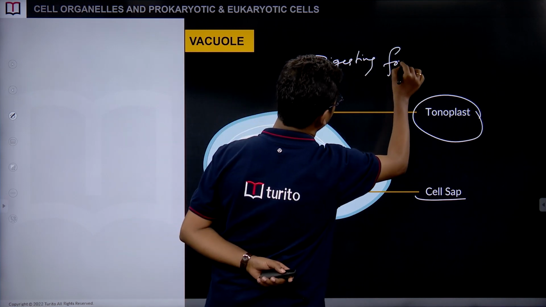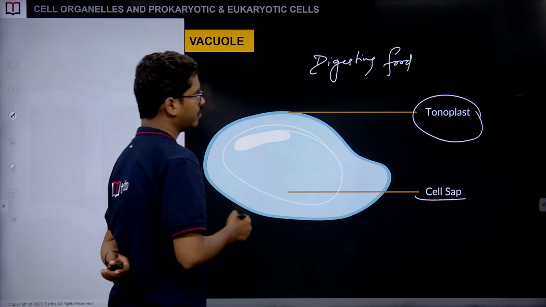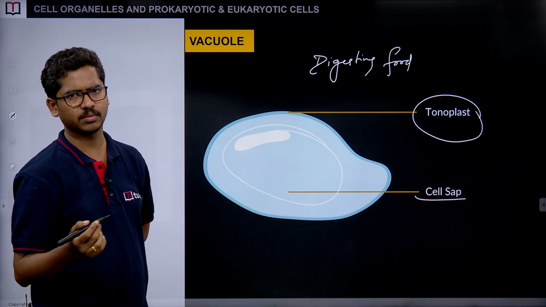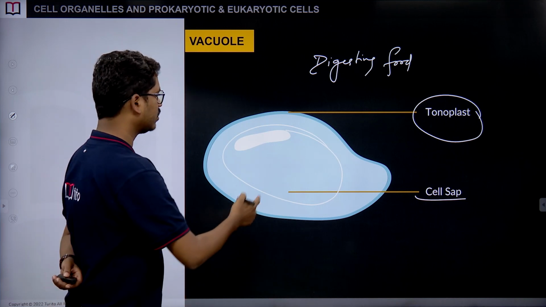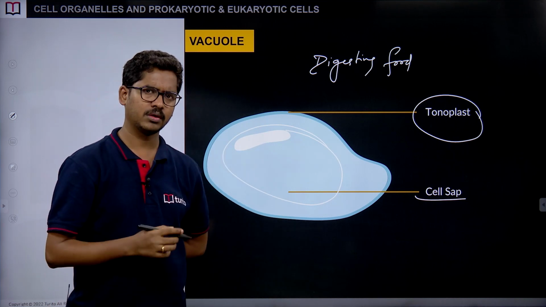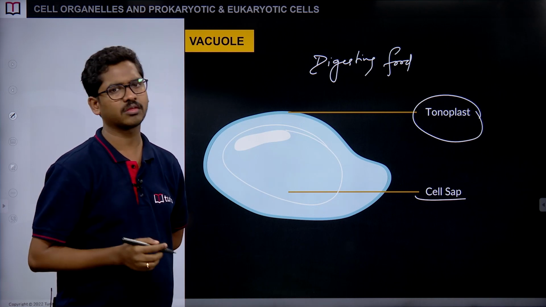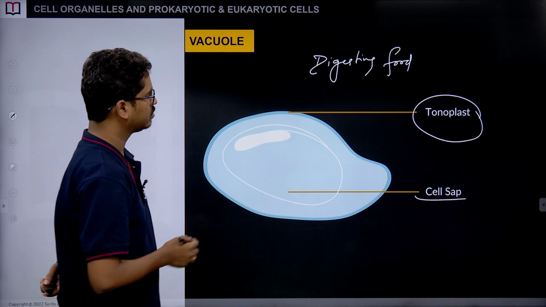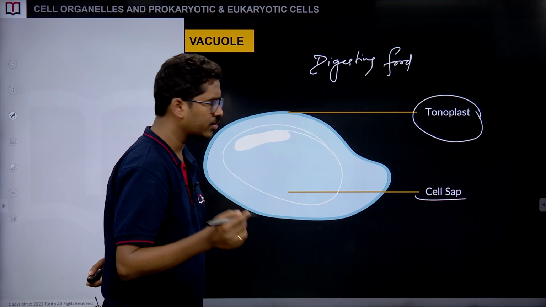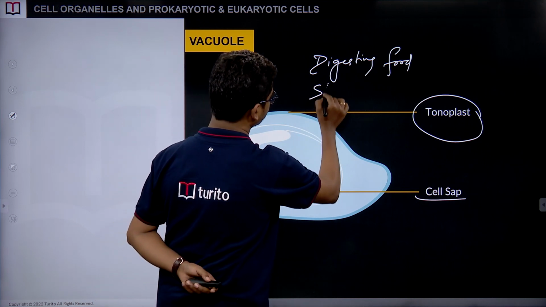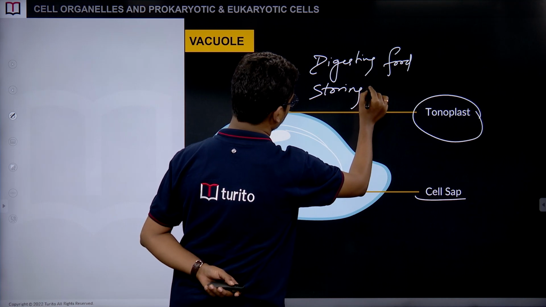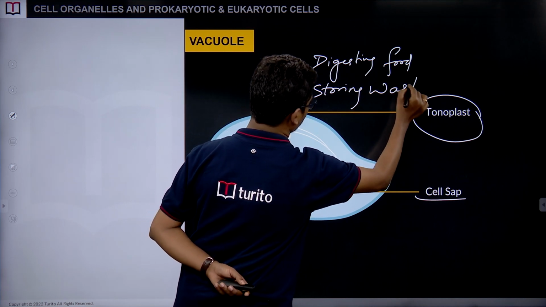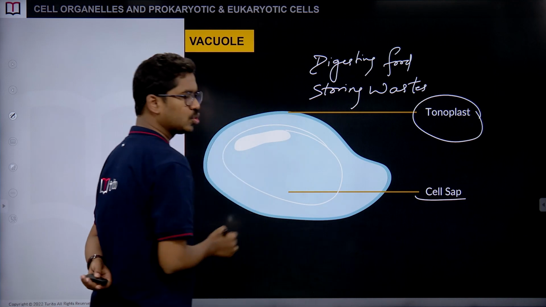digesting food. Okay. So, when we say digesting food, obviously we are thinking about an animal cell, and of course, we do find the same process in some of the plant like cells. Now, digesting food is one such thing. Apart from that, you see storing wastes.